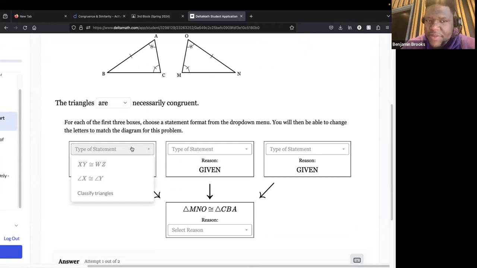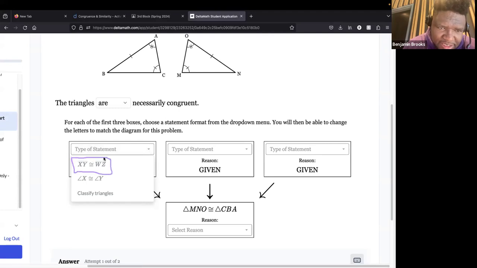Type of statement. What you want to do is start with the things that are given. Now I'm going to prove side angle, or either one. The type of statement I want to prove is that the sides are congruent.